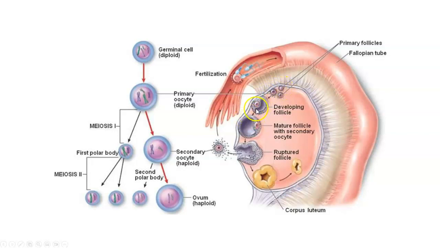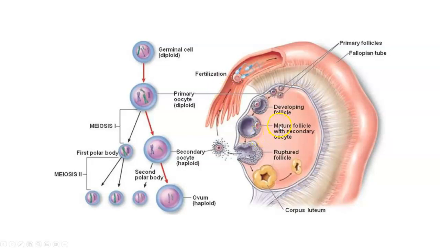Eventually the follicle that surrounds this egg gets so big that it bursts. At this point, this is ovulation, and the semi-mature egg travels down the oviduct where it may meet sperm cells and become fertilized to form a zygote.